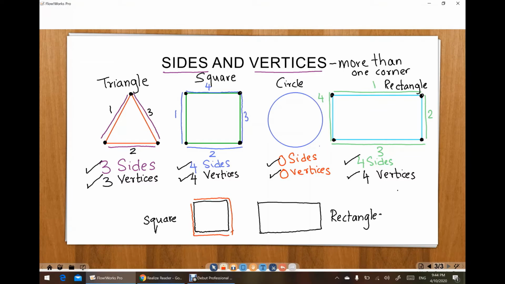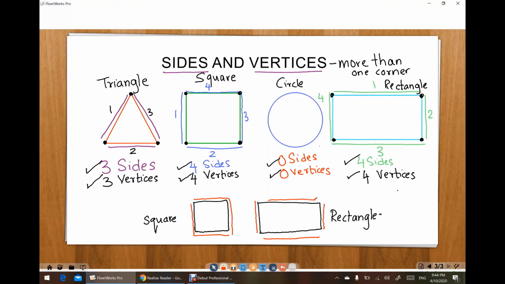All the lines over here are equal. But in a rectangle, you remember in our previous lesson we learned the length and the height? You see, the length is longer. So they have 2 different heights and 2 different lengths. That's why square and rectangle are different. Okay, you understand now? What sides and vertices mean? Vertex means only one corner, and vertices means more than one corner. Do you understand, all of you?